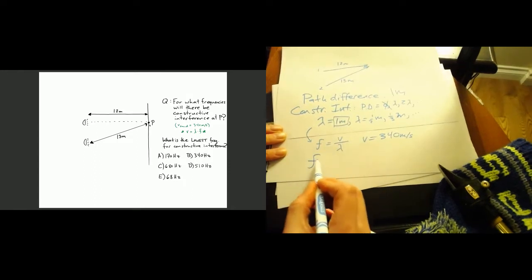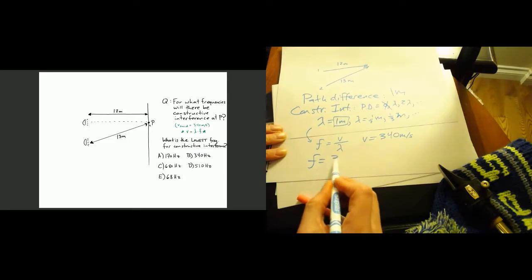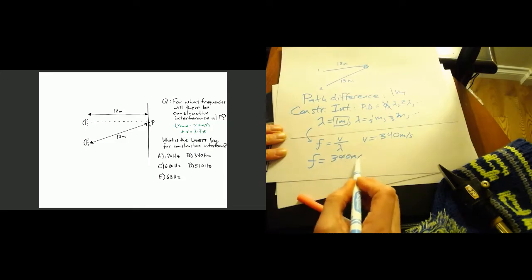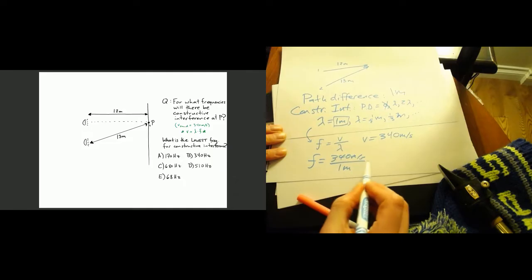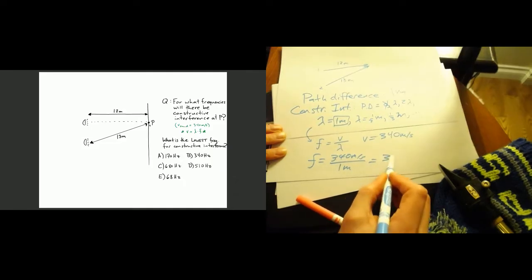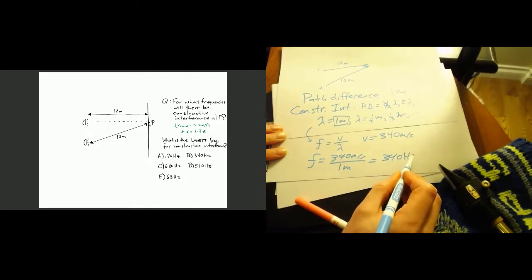That's 1 meter. So I get the frequency equals 340 meters per second divided by 1 meter, which equals 340 inverse seconds, or 340 hertz. So the answer is B, 340 hertz.